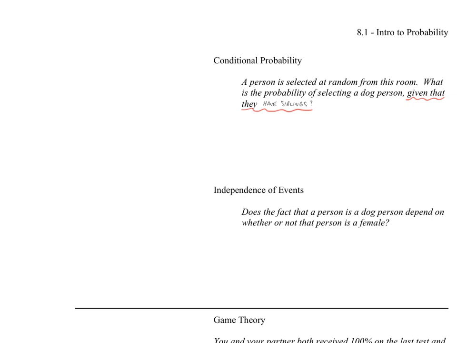We're picking from that group of people. So if it's given that I'm going to pick a person who has siblings, then what's the probability that from that group I will pick a dog person? And that's a calculation you can all do as a group, figure out how to calculate it, and then I want to see how it ended up tomorrow before we start our lesson.